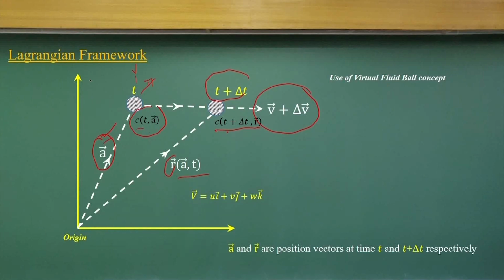So this is the position vector, the particle movement at t plus delta t that we are describing, and these concentrations vary from c, and this also depends upon the position vectors. At the initial position vector a, at t plus delta t we have a position vector, and you have the velocity vectors like this, which have scalar components.